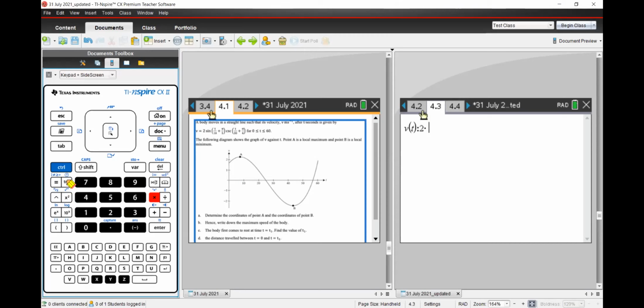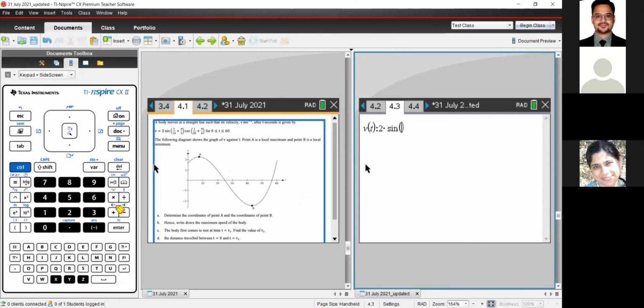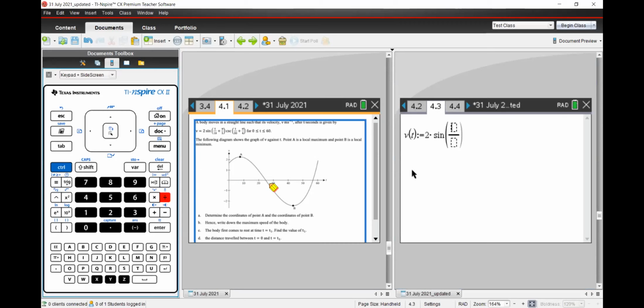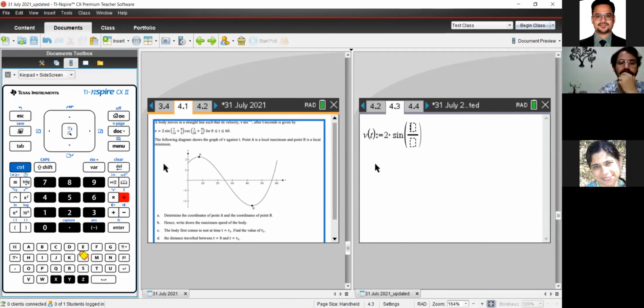So I need this colon equal sign to define. Then I'll write t over 10 plus, again a fraction template, and pi. Pi is a shortcut for pi.